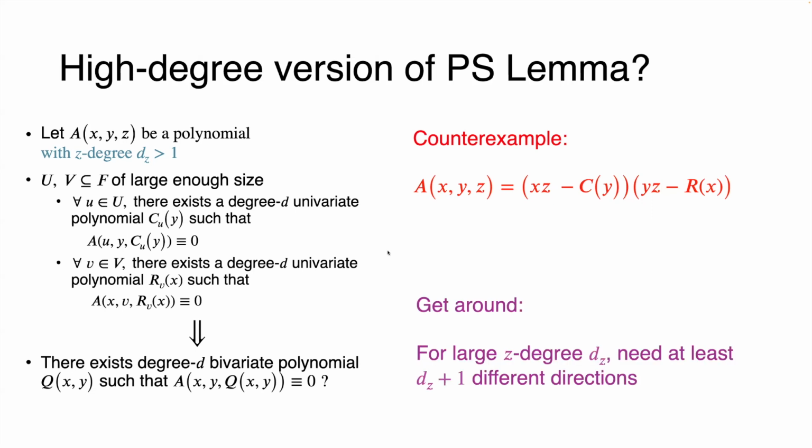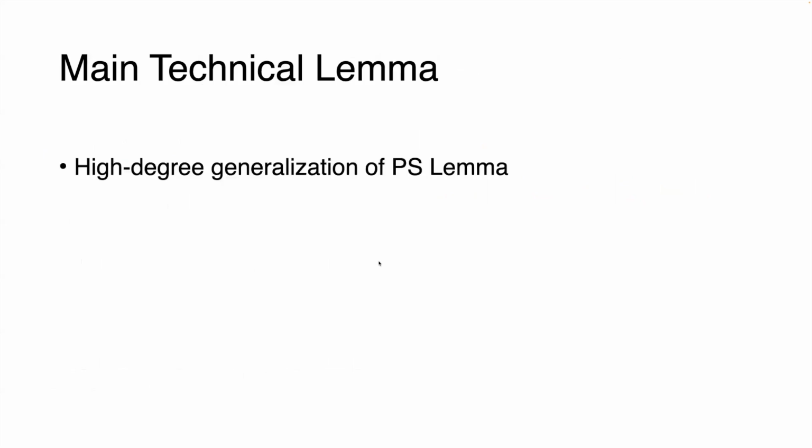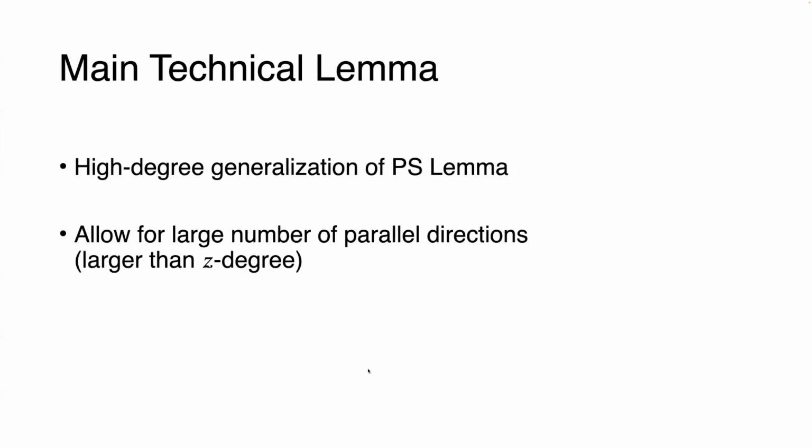So one way to perhaps get around this is to not ask for just two directions, namely the x restrictions and the y restrictions alone, but maybe ask for several other restrictions and hope that a statement of this nature is true. And the main technical result of our paper is a higher degree generalization of the Polishchuk-Spielman lemma, where we work with a lot more parallel restrictions.